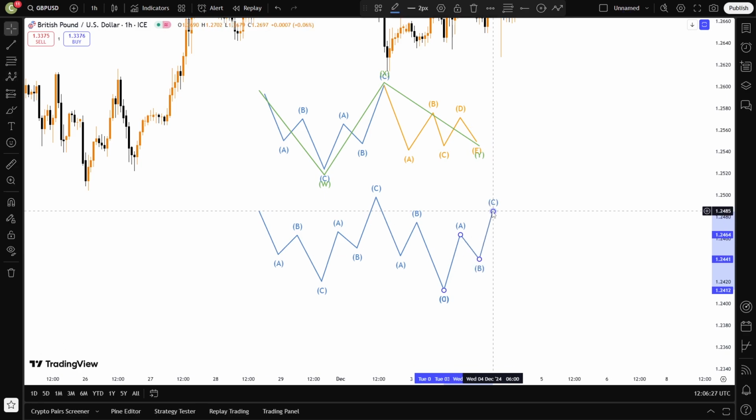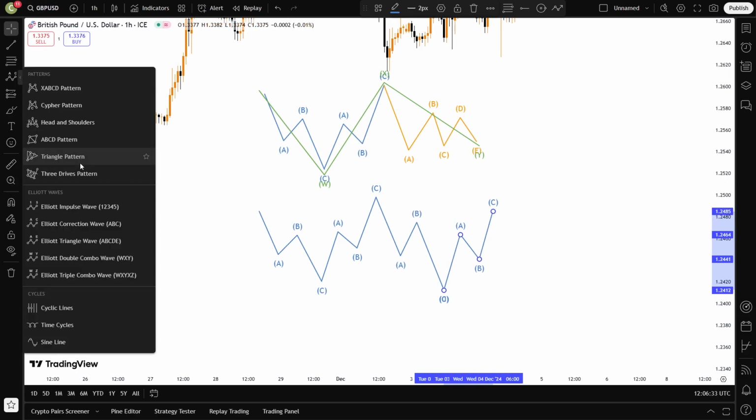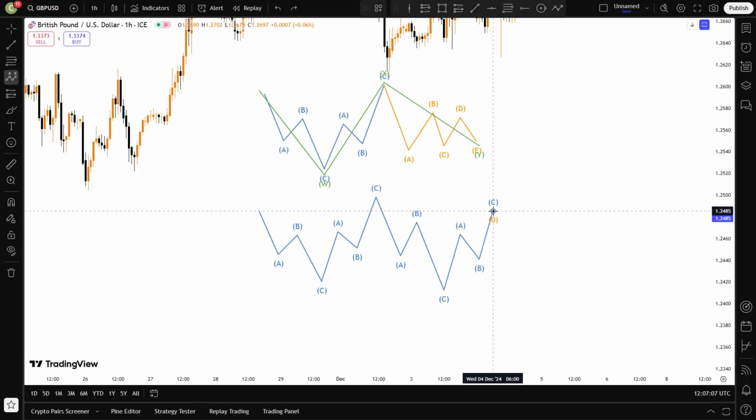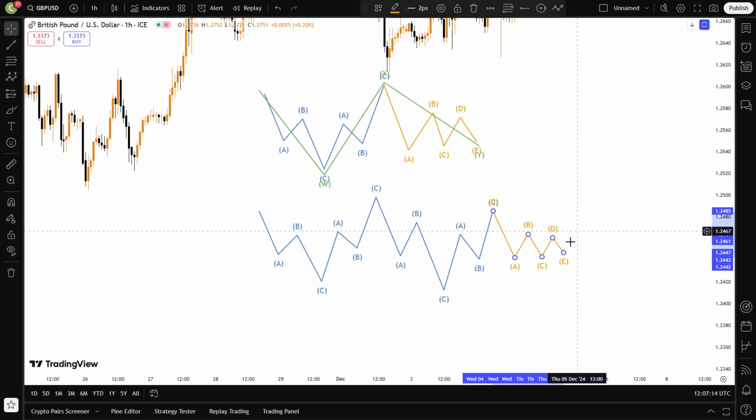And then we have the last wave that will mark our Z, and that could be an Elliott triangle wave, and a triangle could converge at a particular point to go and continue the trend to the upside.